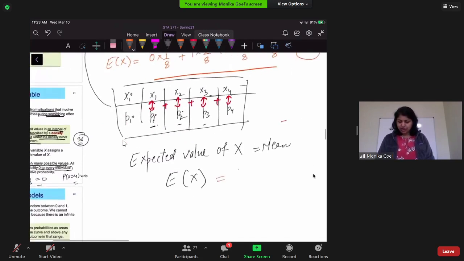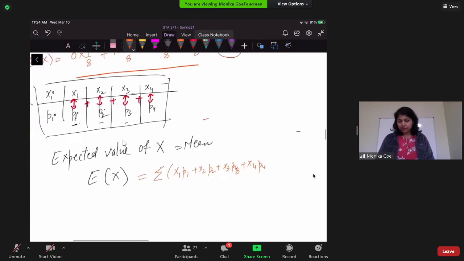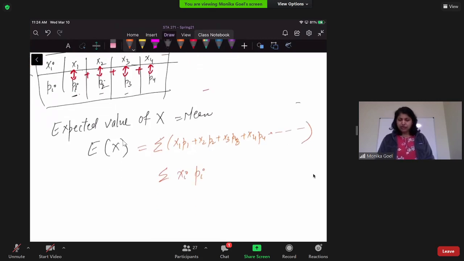So you can write that as the sum of x1 times p1, x2 times p2, p3, and so on. In this example, we have up to p4 or x4, depending upon how many you have. So it is the sum of xi times pi. However many x's you have, you take their corresponding probabilities and plug those in, and that will give you the expected value or mean of that particular random variable. Questions?